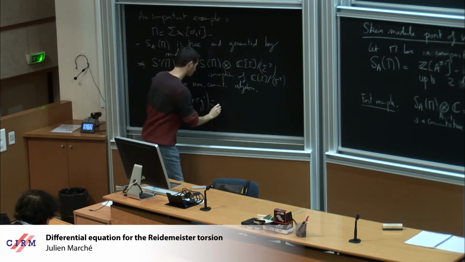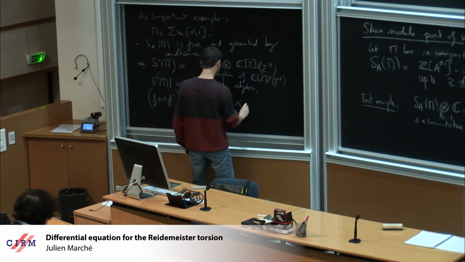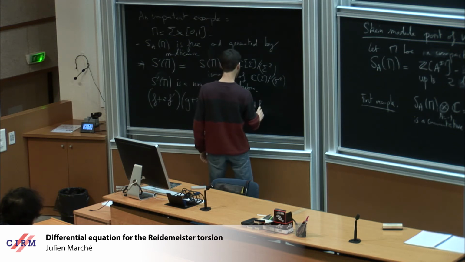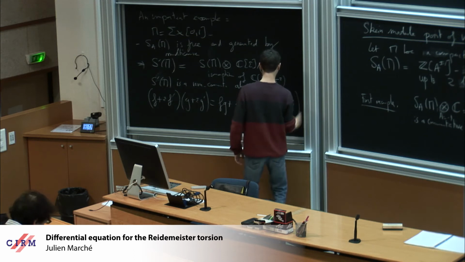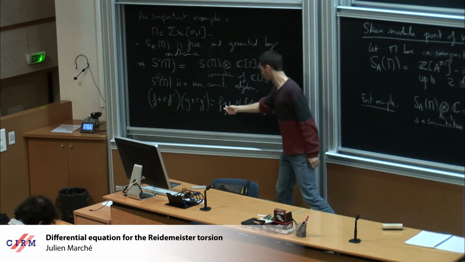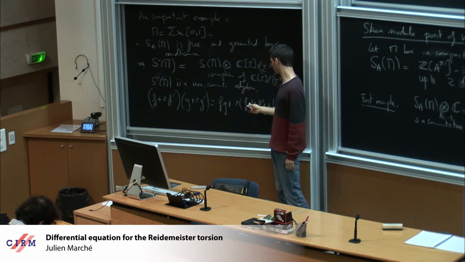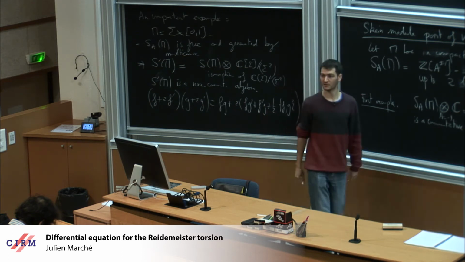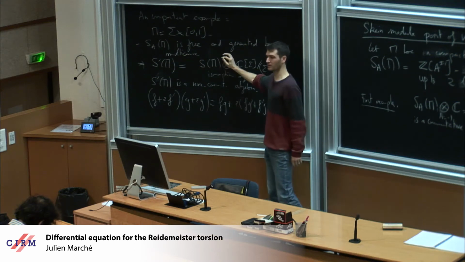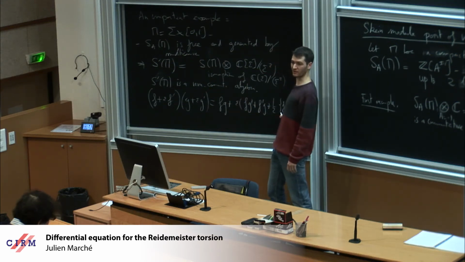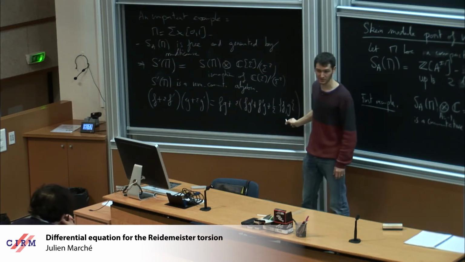And you can do the computation, you find, well, it's not easy. So you find something natural, which is fg plus epsilon times (f g prime plus f prime g), which is the algebra structure here. But you have to add some extra thing here, which makes it non-commutative.